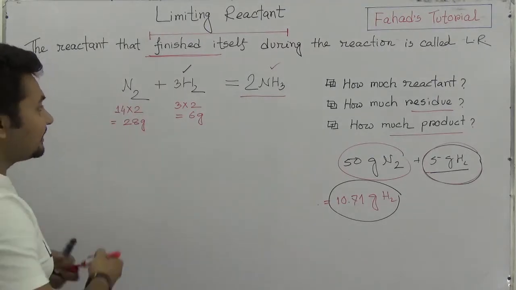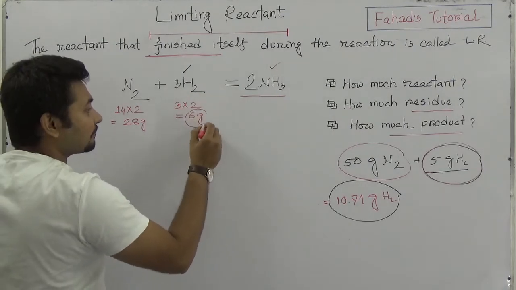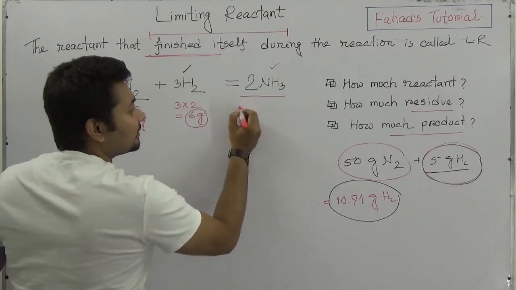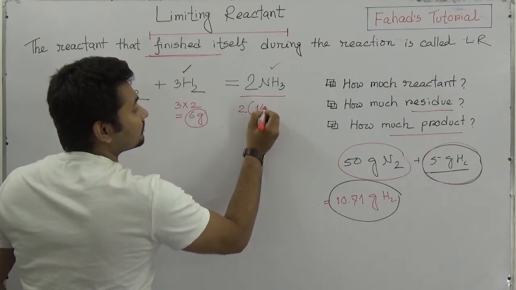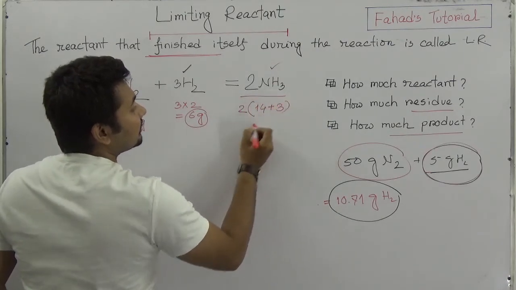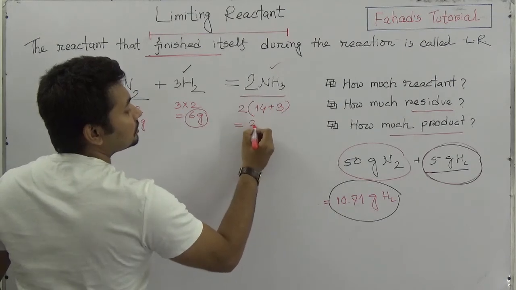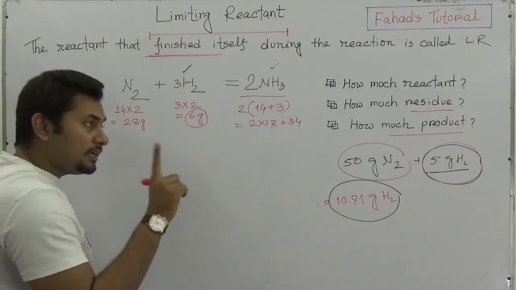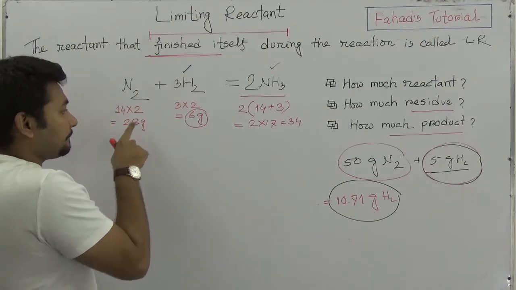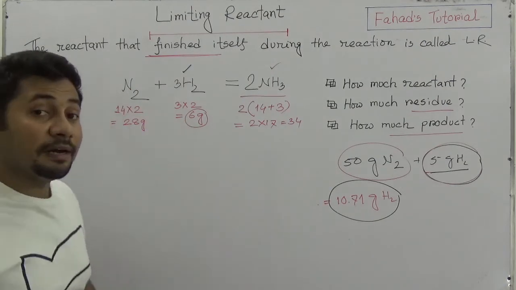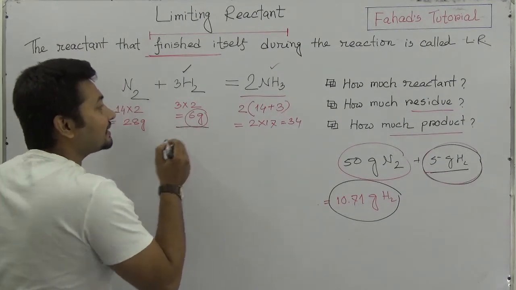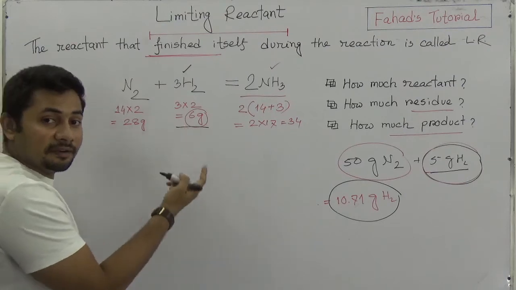We need to think that here is given 6 gram. As we need to find the amount of ammonia, this is 2, nitrogen is 14, hydrogen is 3, so altogether it is 17 times 2, which is 34. Right now we say 6 gram. Now I will take hydrogen because I know that this is the end product.